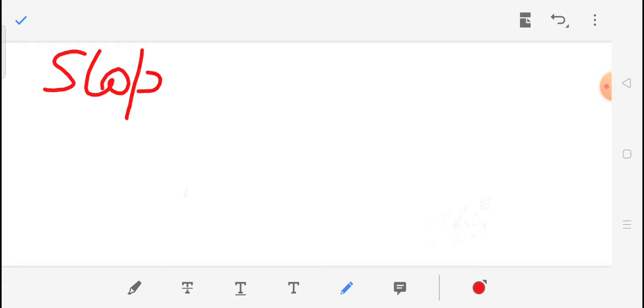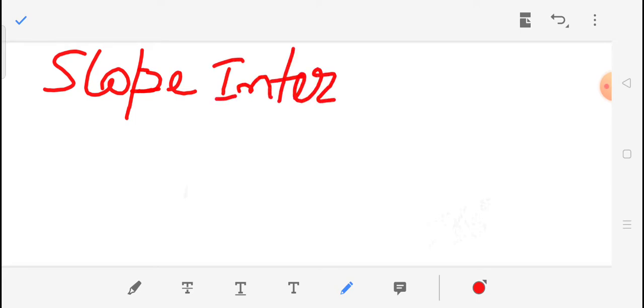So now I'm going to introduce the slope intercept form of the equation of a line, and with the help of this form of equation only we can correlate its general equation and this slope intercept form, and then we can get the relation.